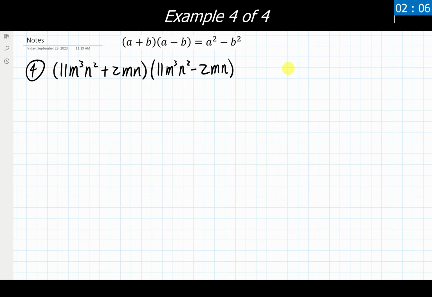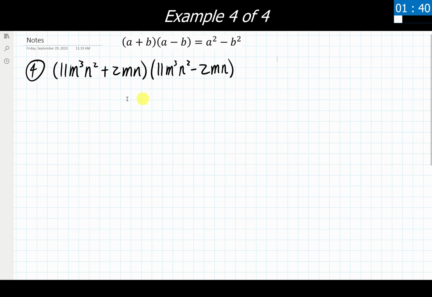In our fourth and final example, we're looking at yet another instance where we have a conjugate pair of binomials showing up here. We're starting off with 11m to the third n to the second plus 2mn, and that's all multiplying with 11m to the third n to the second minus 2mn.